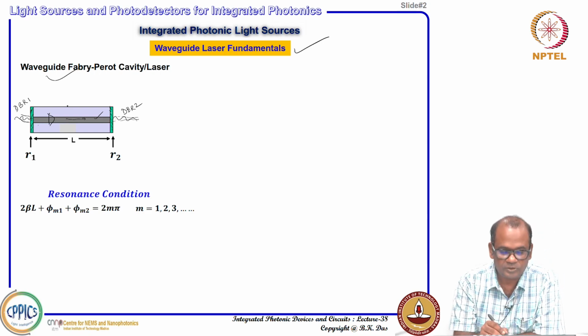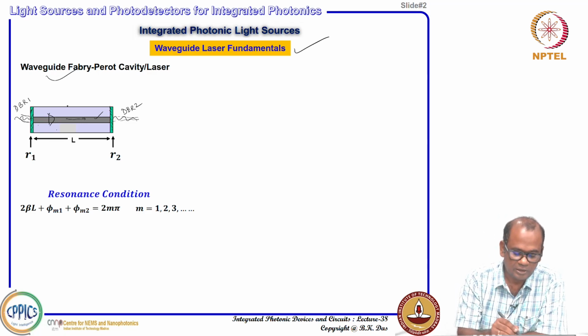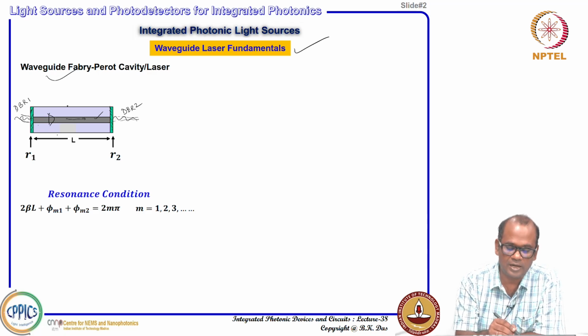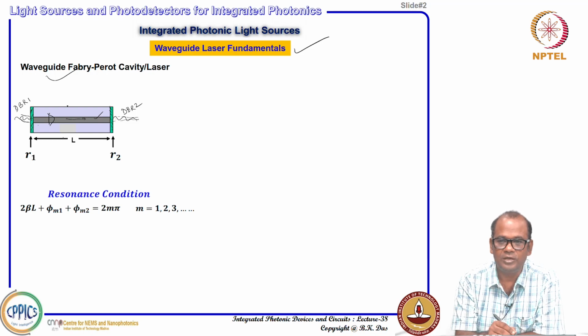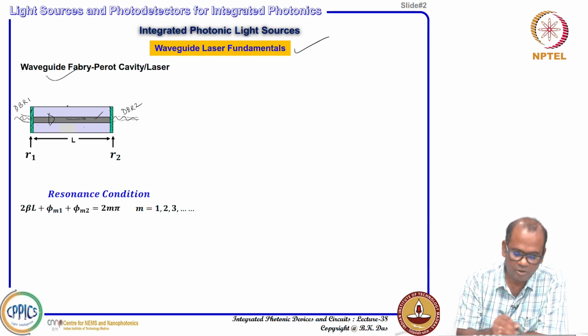So, instead of just standard dielectric mirror deposition, you can think of a distributed Bragg reflector integrated into the waveguide, that will give you selective reflectivity for a certain bandwidth. So, that can also be considered.